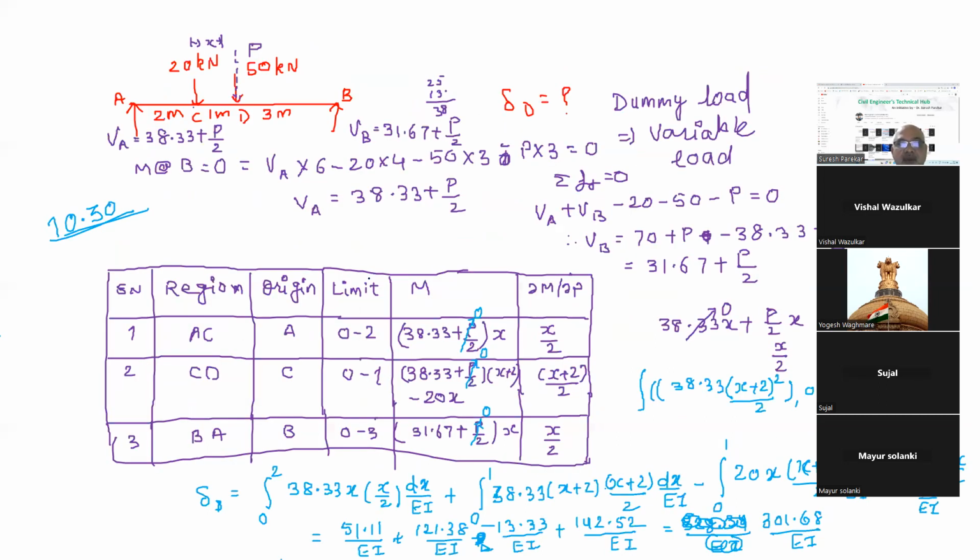After that we solved one problem related to two loads. So now we will go with UDL. Sorry, we will first go with concentrated load in a cantilever.